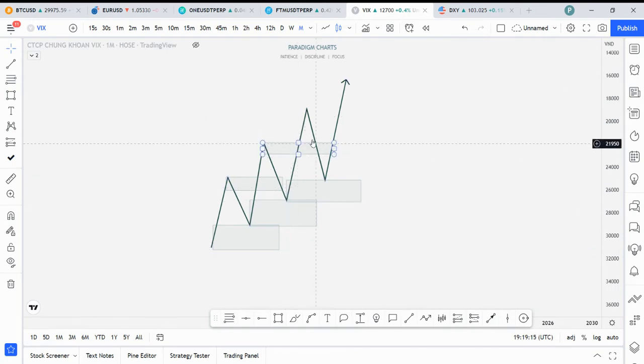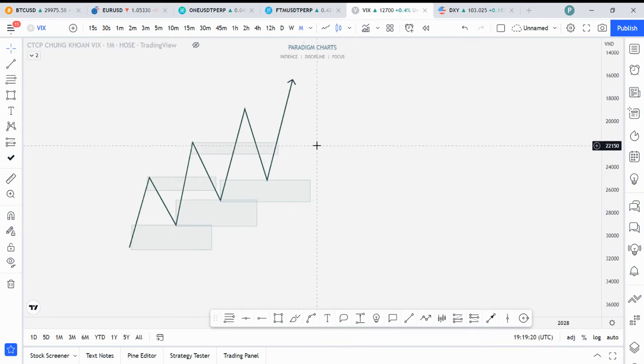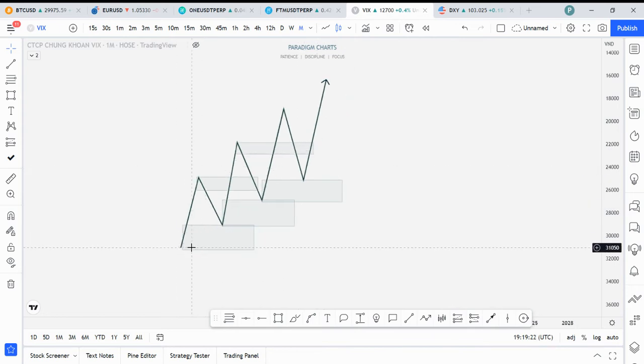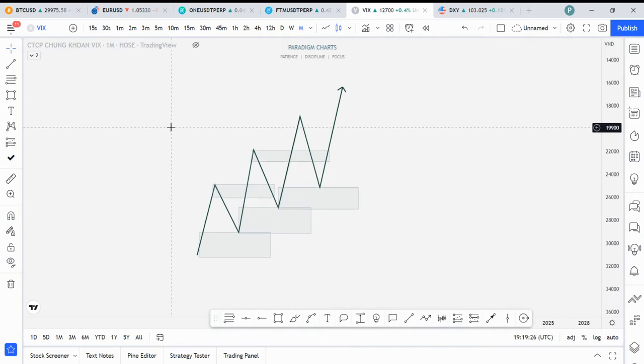Okay, so you don't expect to look for an entry in a supply zone when price is trading up. Generally in a downtrend, supply would hold while demand would be violated, and in an uptrend, demand will hold while supply would be violated. This is usually what you see.